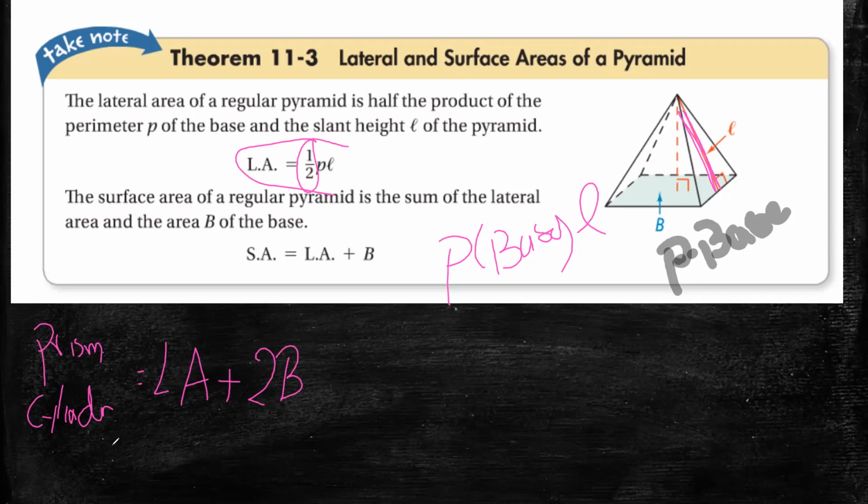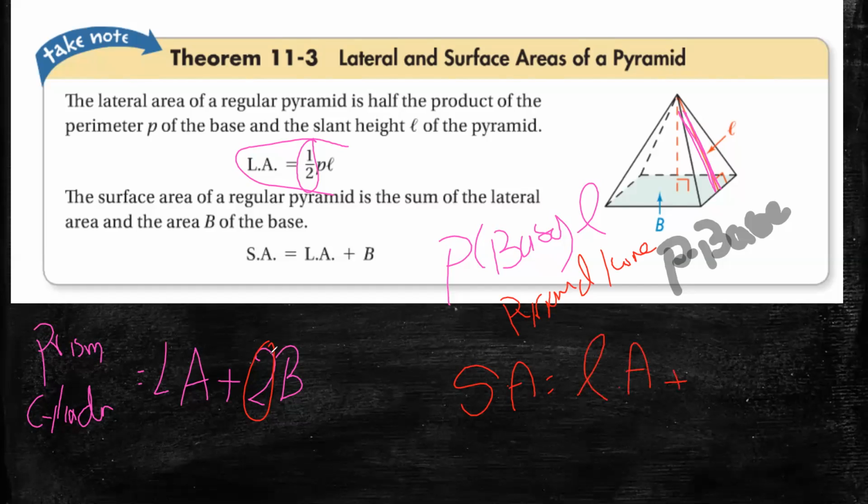Why do I multiply it by 2? Because I have two bases for the prism and for the cylinder. Here, I don't multiply by 2 if I want to find the area of the pyramid or the cone.